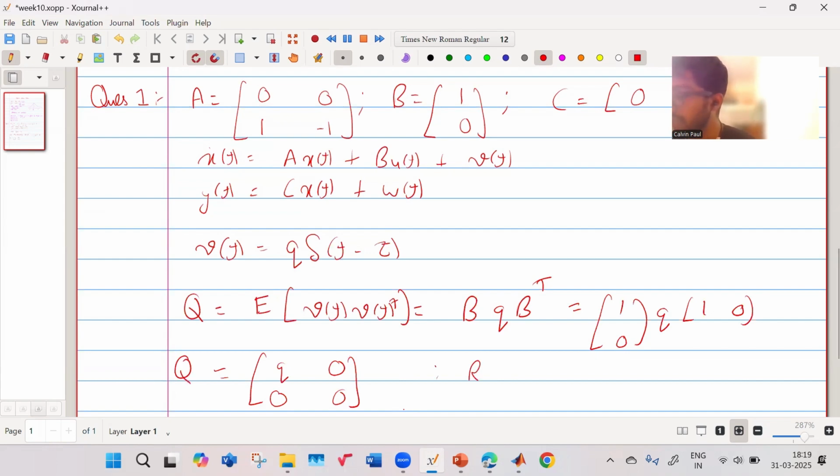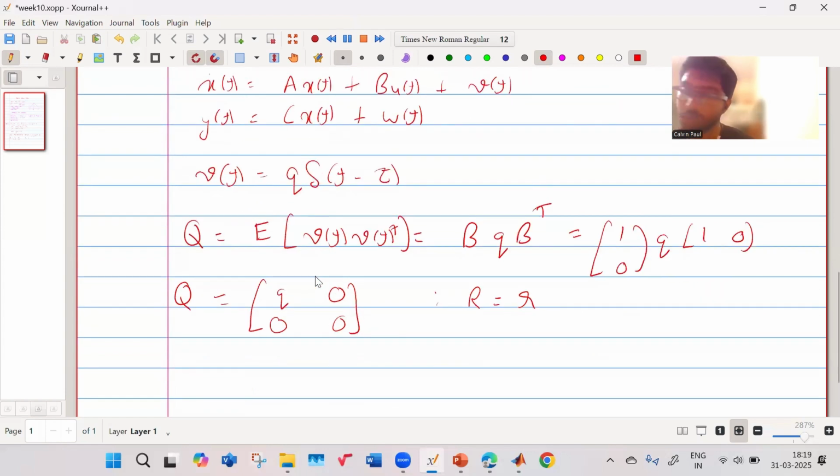Similarly, your R, which is related to your w of t, since it is scalar and not a vector, remains R. Now after we have this, what do we have to solve?